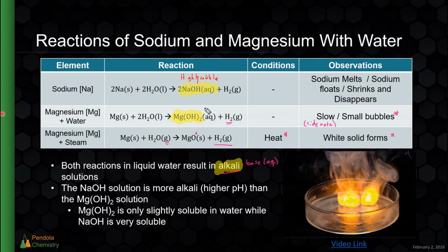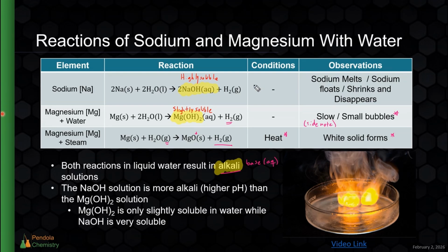Magnesium hydroxide is only slightly soluble. So not all of the magnesium hydroxide dissolves, not all of the hydroxide is released, and therefore it's not as basic. So magnesium hydroxide is only slightly soluble in water, making it less basic.